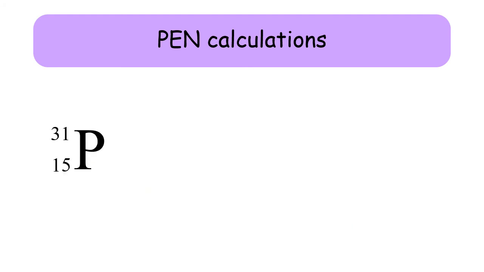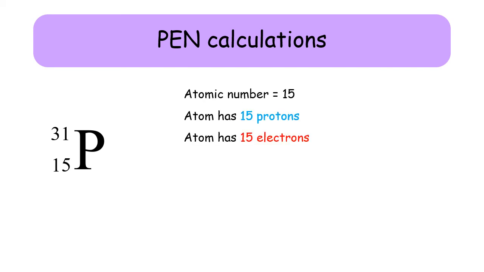So here we have an example. We have phosphorus, it's P. It has an atomic number, the smaller number, of 15, and the bigger number, the mass number, is 31. Using those two numbers, we can work out the number of protons, the number of electrons, and the number of neutrons. So the atomic number is 15, and the atomic number tells us how many protons and how many electrons there are.